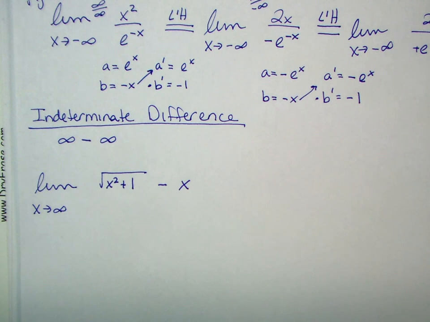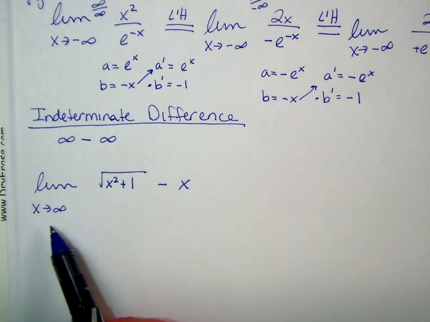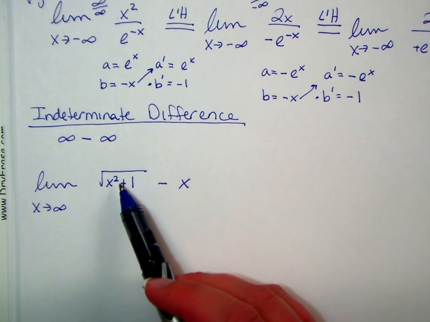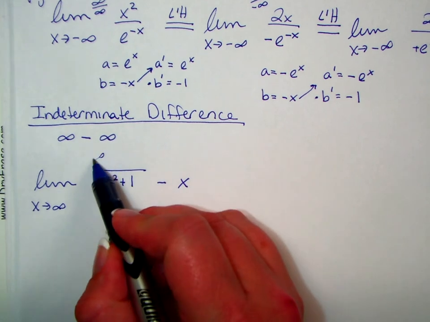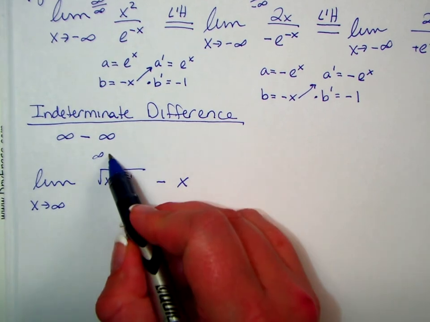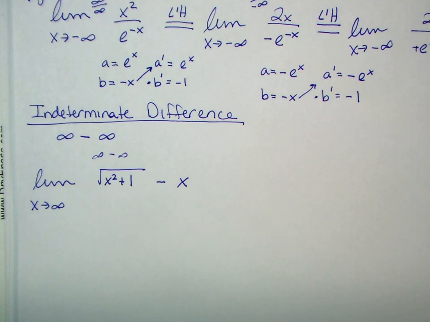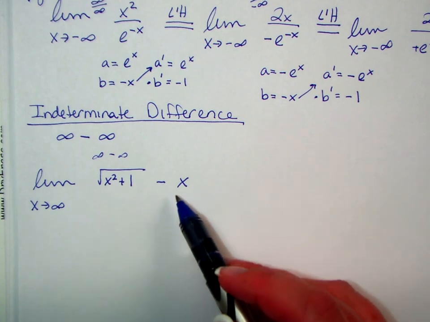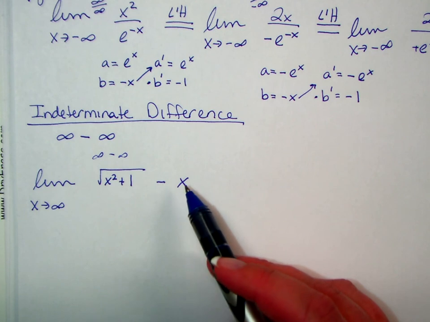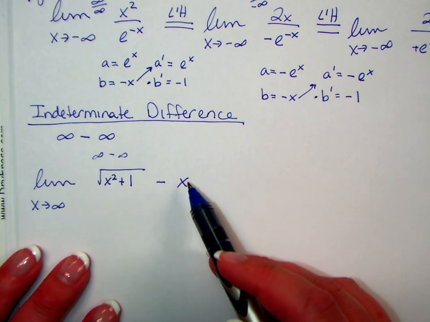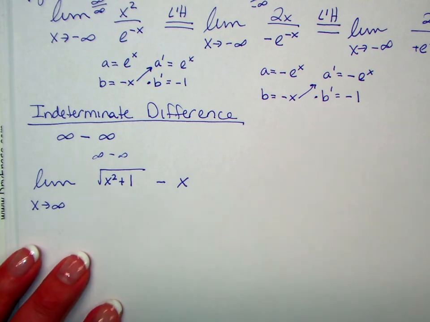On this one, if I let x head to infinity, the square root of infinity squared plus 1 is infinity, and then minus x, I get infinity minus infinity. You can't L'Hopital a difference either. The only thing you can L'Hopital is an indeterminate quotient. So I've got to turn this into a fraction.